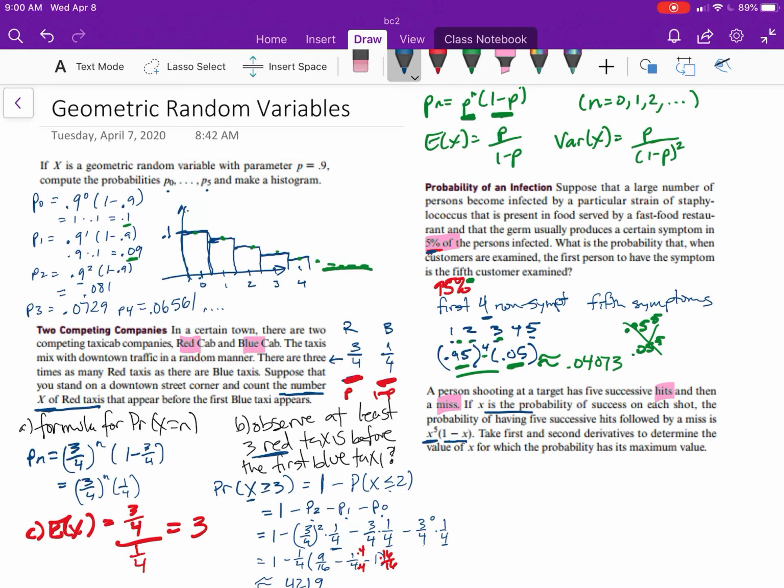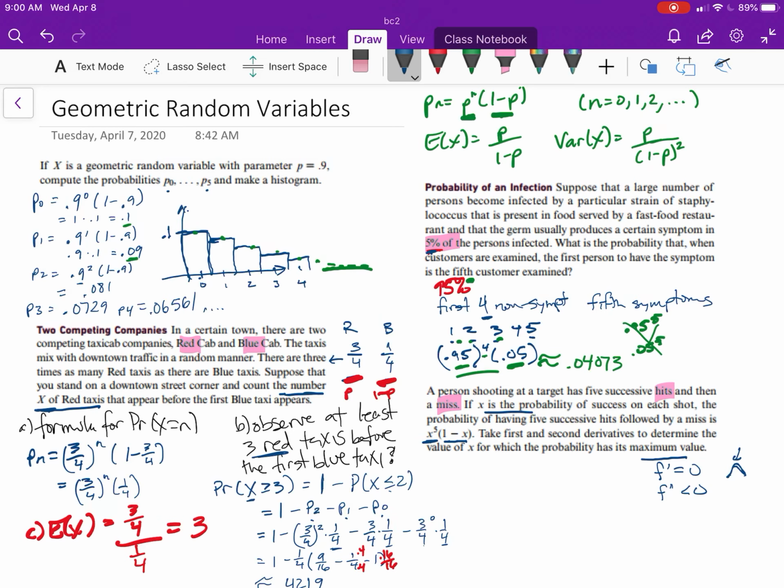So using some calculus, take the first and second derivatives to determine the value of x for which the probability has its max value. So max value means the first derivative is 0, right? And for a max, the second derivative would have to be negative because we need it to be concave down.